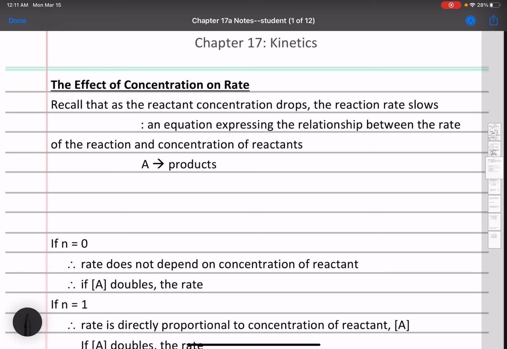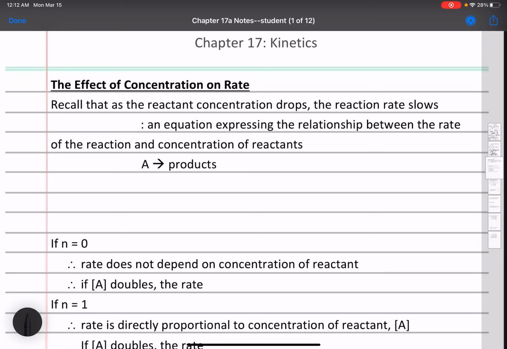So concentration will affect the rate of the reaction. Generally, if we think about the rate over the course of the reaction, as the reactant gets used up, the rate slows down. So if we start with more reactant, the rate will be higher. If we start with less reactant, the rate will be slower initially.